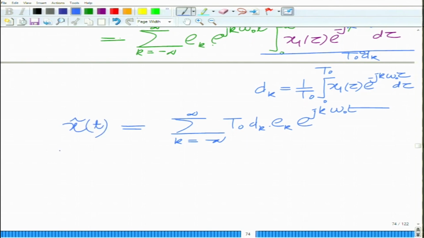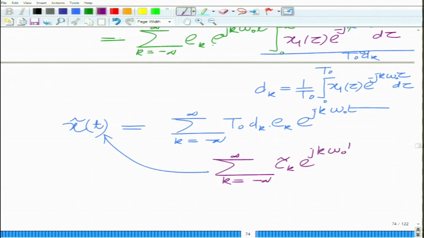This is the complex exponential Fourier series, which implies that if you have the complex exponential Fourier series of x tilde t as summation k equals minus infinity to infinity c tilde k e raised to j k omega naught t, we would have t naught dk e k equal to c tilde k.